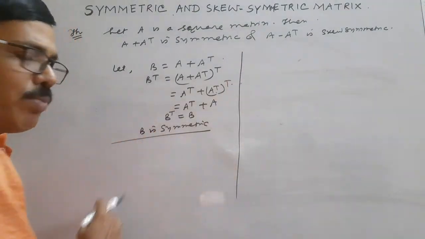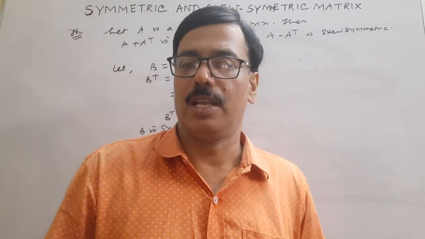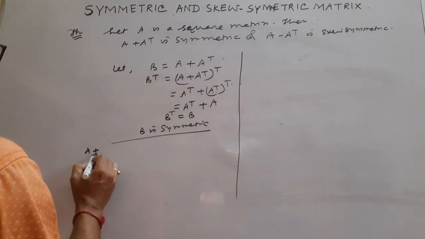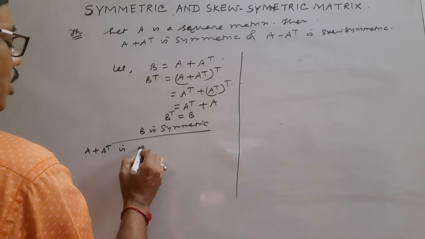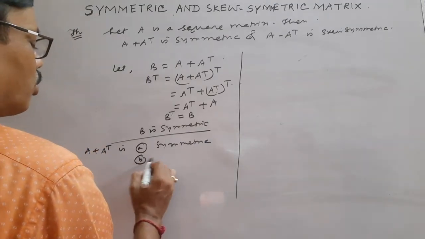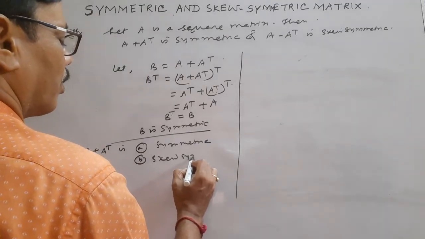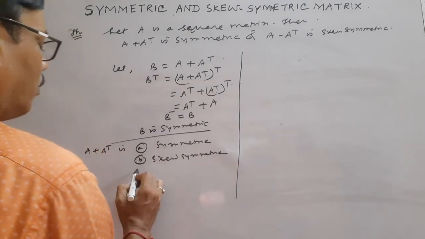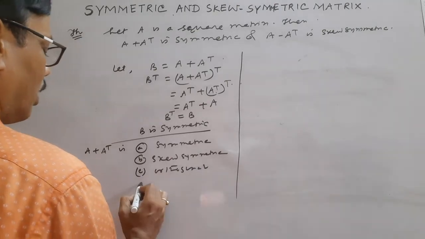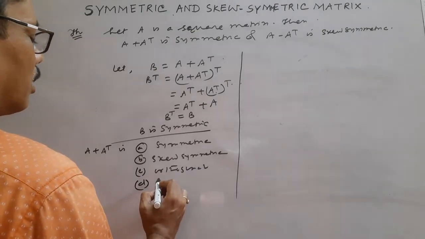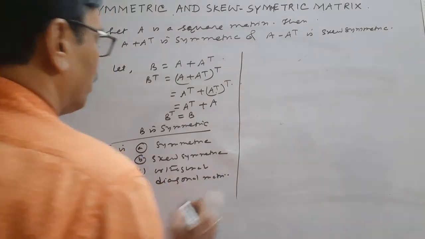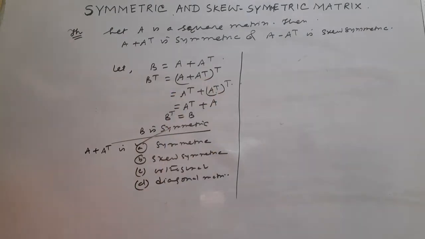So these simple problems occur in the CBSE exam. For example: number 1, A plus A transpose is symmetric; number 2, skew symmetric; number 3, orthogonal matrix; number 4, diagonal matrix, so it is a symmetric matrix.